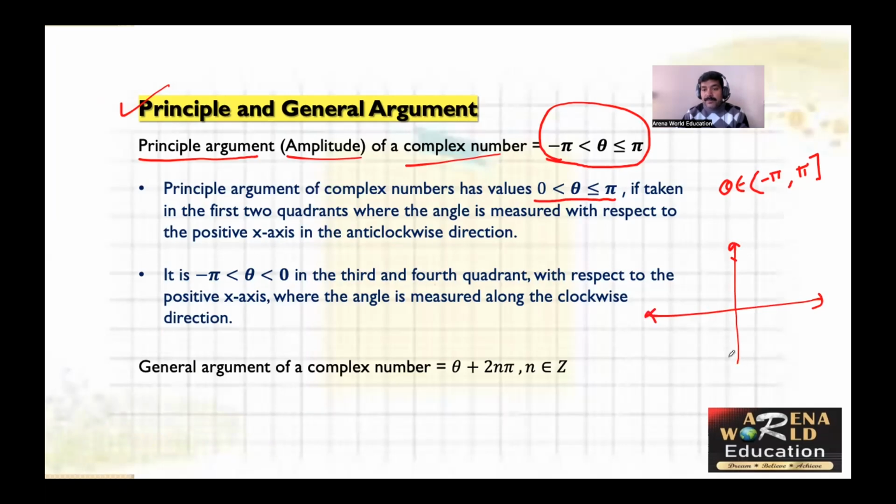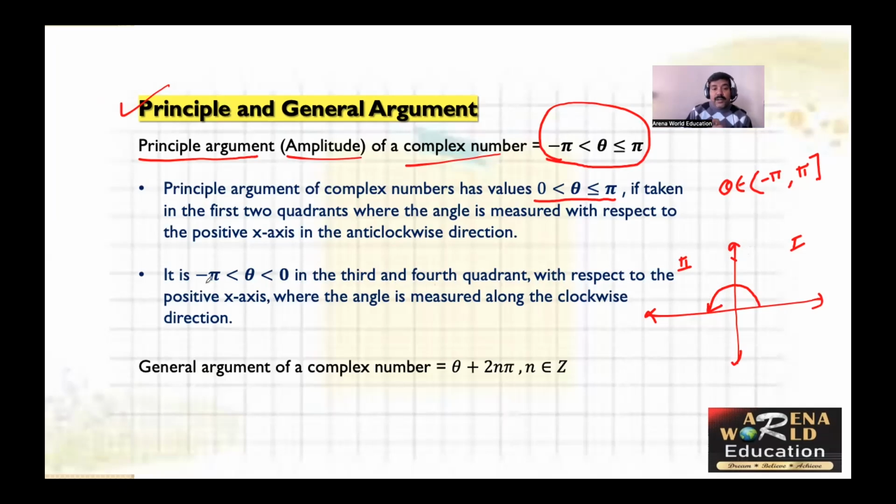We have two quadrants, first and second. If the angle is measured with respect to the positive x-axis in the anti-clockwise direction, it means the angle is measured in this way, so the principal argument will always be positive.